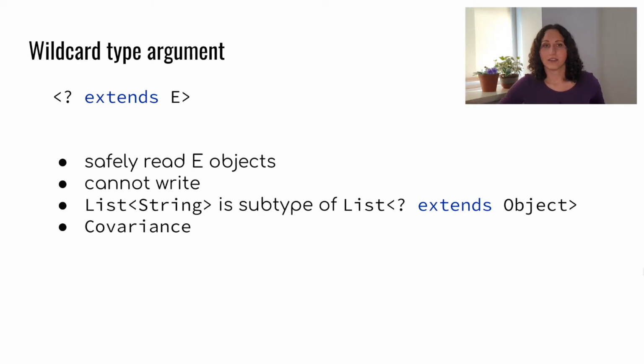Unfortunately, we can't write such a type here because we don't know which exact type is used in the current implementation, so we can't write values there. But now we get this property which we wanted to have in our language. Now list of strings is a subtype of a list of our wildcard type. Such a property is called covariance.